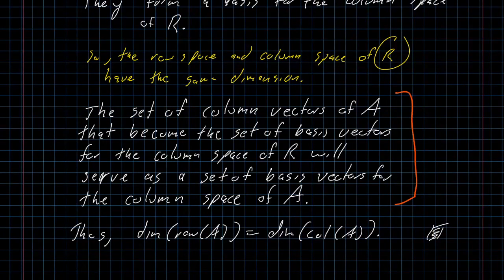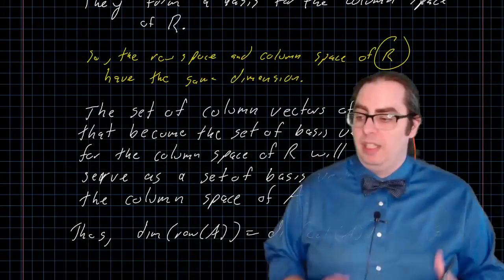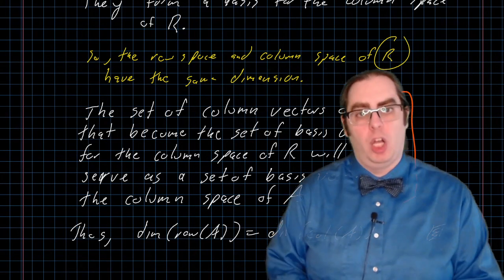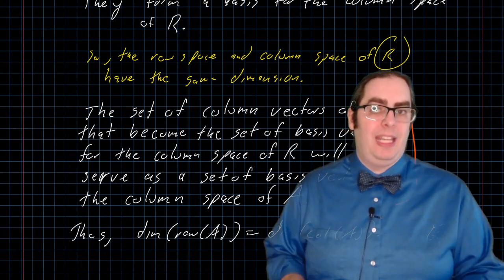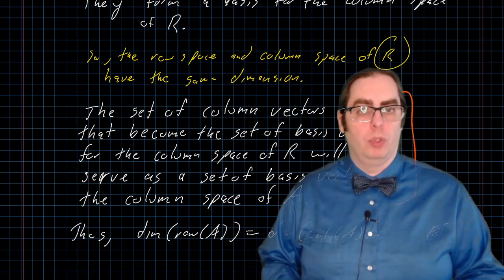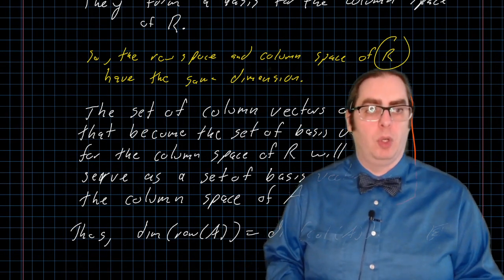This conclusion here, for example, we can use in order to find a way to find a basis for the column space of a matrix. If we have a matrix and we need to find a basis for the column space, we can reduce it to reduced row echelon form using elementary row operations.